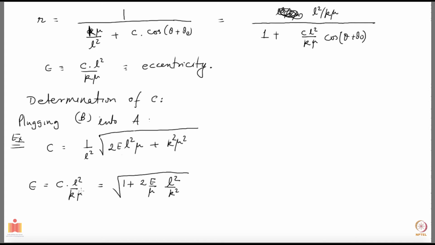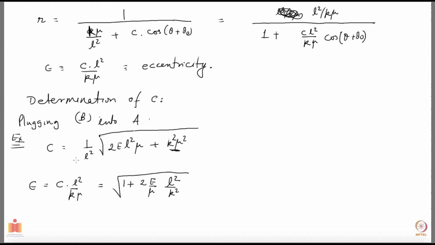We can check clearly. You can pull out K square mu square outside, which will become K mu. The denominator is being divided by K mu, so that K mu goes away.